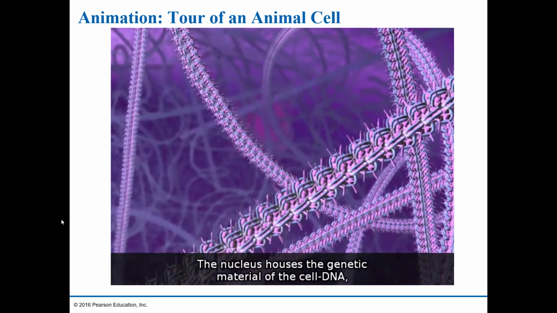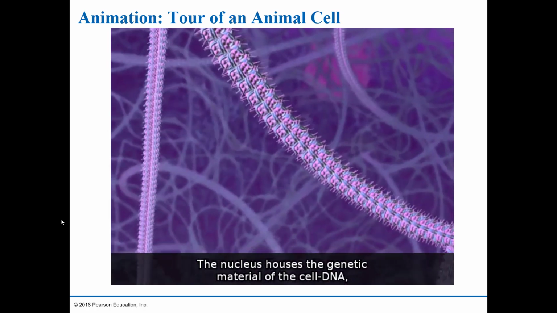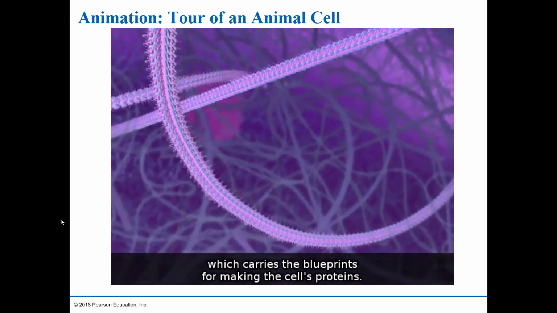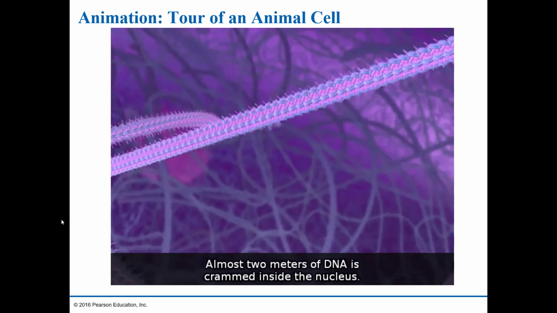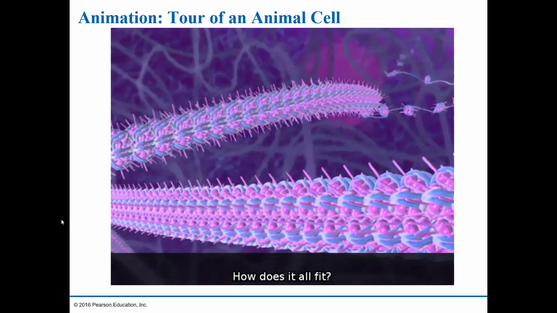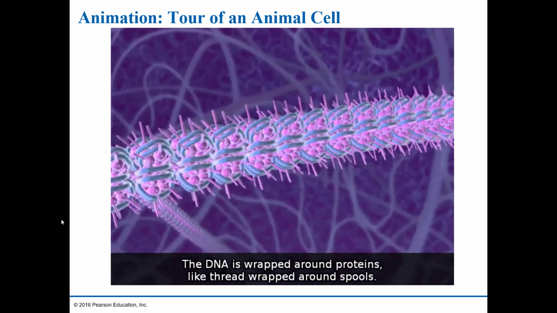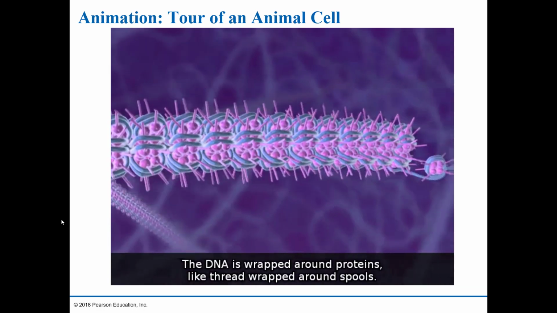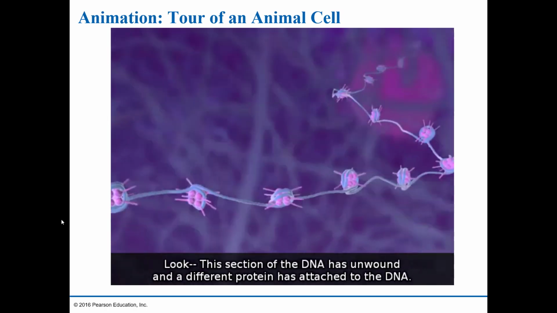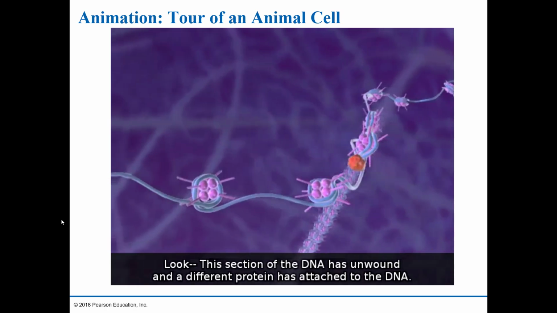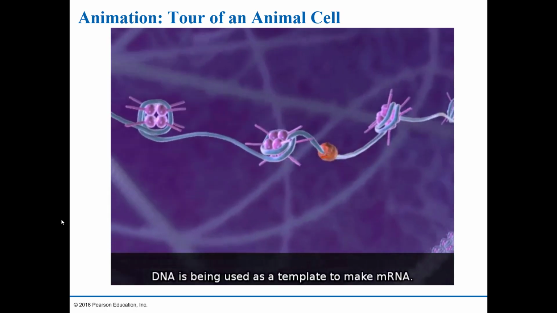The nucleus houses the genetic material of the cell, DNA, which carries the blueprints for making the cell's proteins. Almost 2 meters of DNA is crammed inside the nucleus. How does it all fit? The DNA is wrapped around proteins like thread wrapped around spools. Look, this section of the DNA has unwound, and a different protein has attached to the DNA.